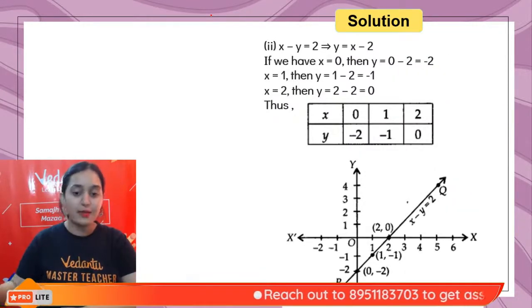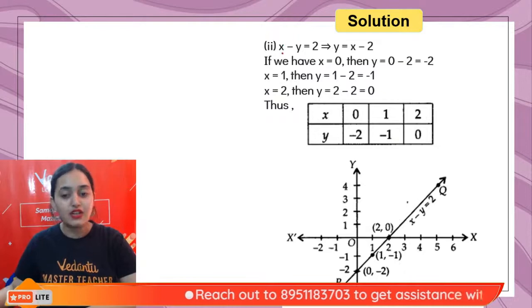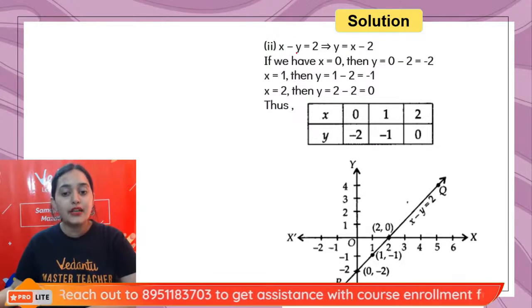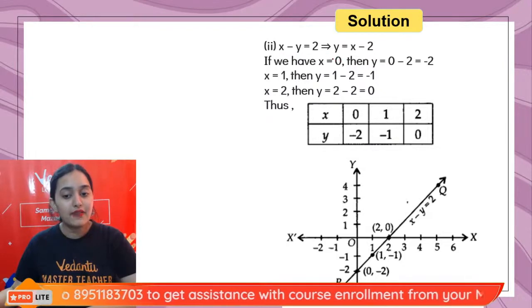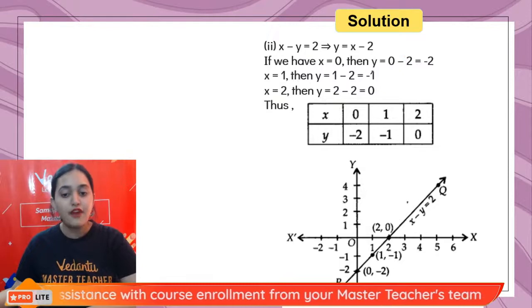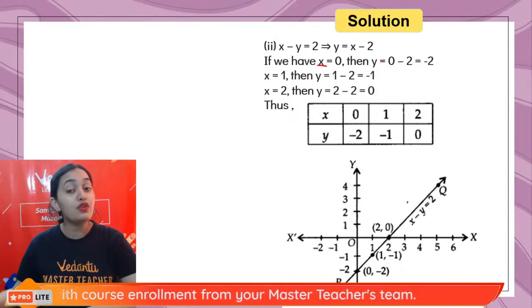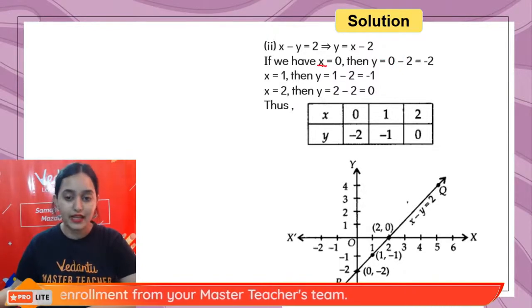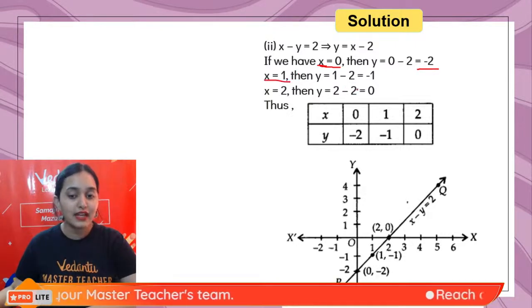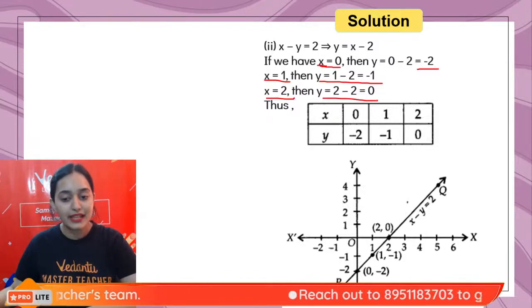Okay. Next, similarly, if I have a linear equation x minus y is equal to 2. So, since this is the equation, y will be x minus 2. Now for different values of x, you obtain the value of y. So when x is 0, y is minus 2. When x is 1, y is minus 1. When x is 2, y is 0.